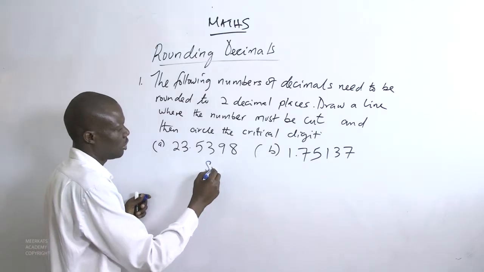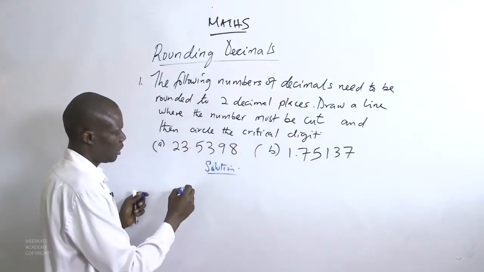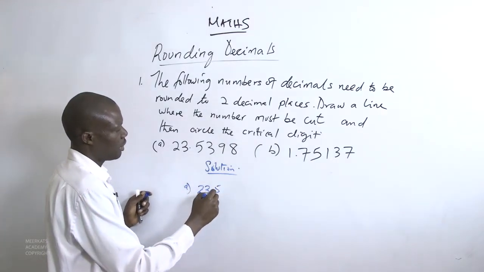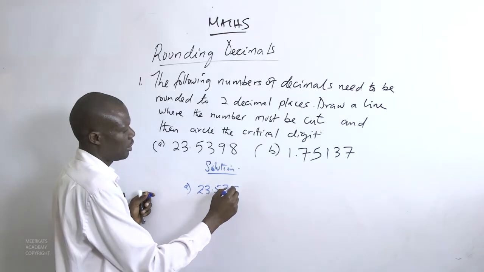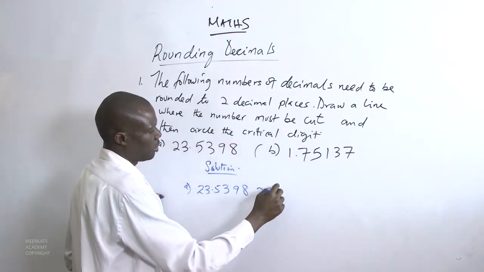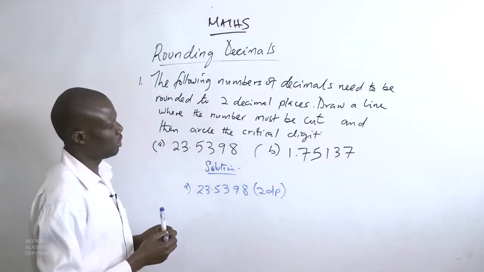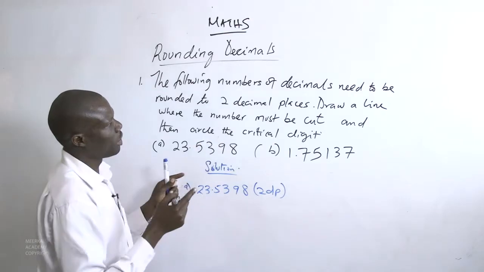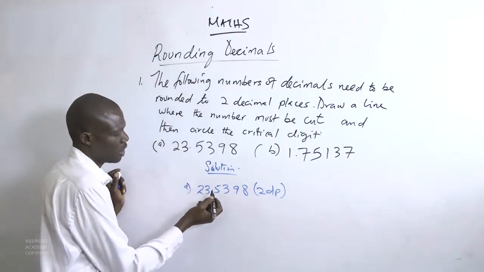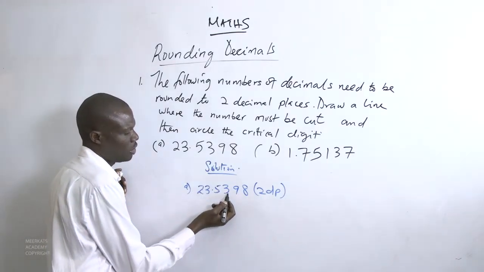In our solution here, at A we have 23.5398. We need 2 decimal places. So, as you have been told, first we draw a line to show where we are going to cut. So we shall count from the decimal point 2 decimal places, 1, 2.